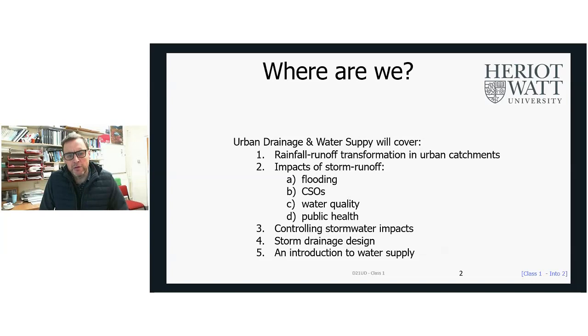We'll look at the impact of that runoff in terms of flooding and water quality in urban rivers and other receiving waters, and we'll look at how we control those impacts, and in particular how we design stormwater drainage systems. And the 12 weeks will end by us looking briefly at water supply systems.